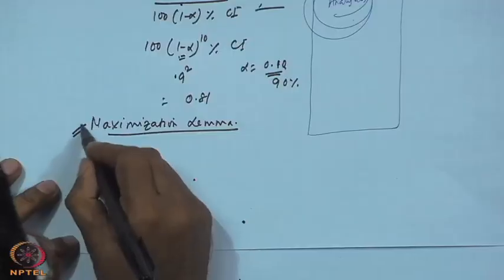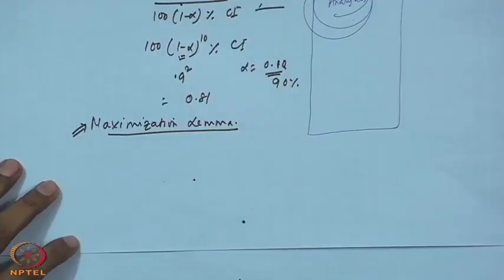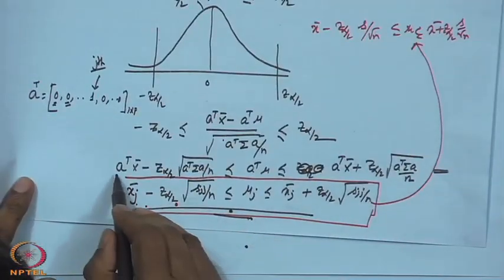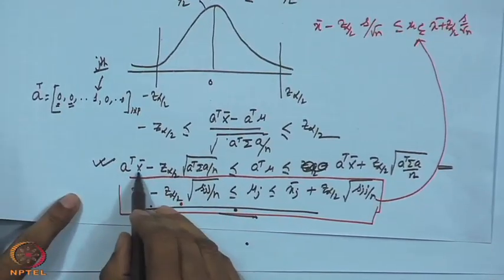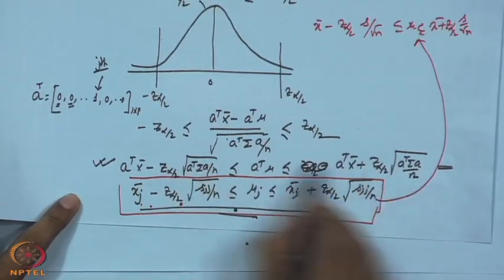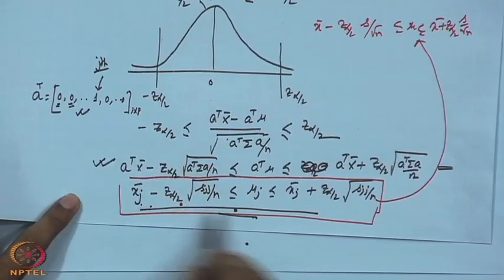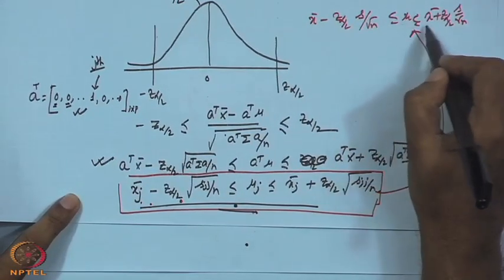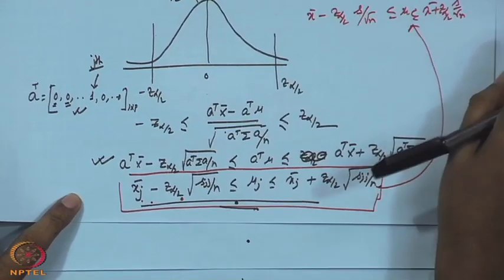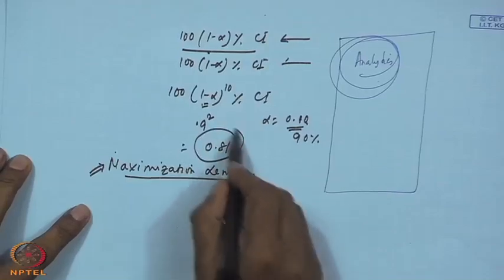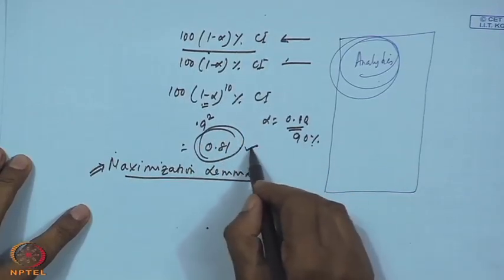Okay. We will continue with our maximization lemma to find the simultaneous confidence interval. What I told you is that for the quantity A transpose x bar minus A transpose mu, if you select something like this for A, you will get a univariate interval, and your problem will lie here: you will not get a simultaneous 90% or 95% confidence interval.